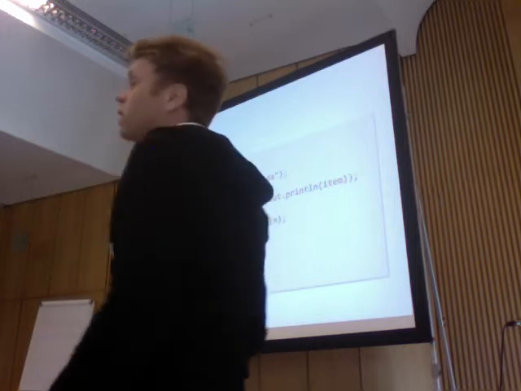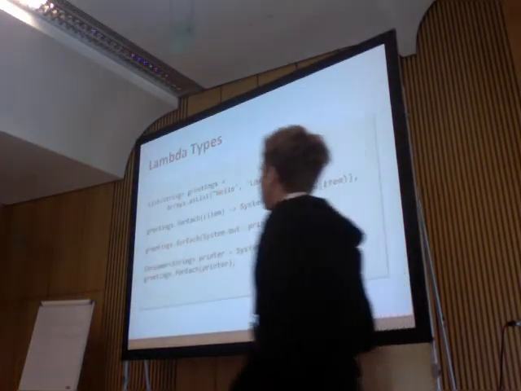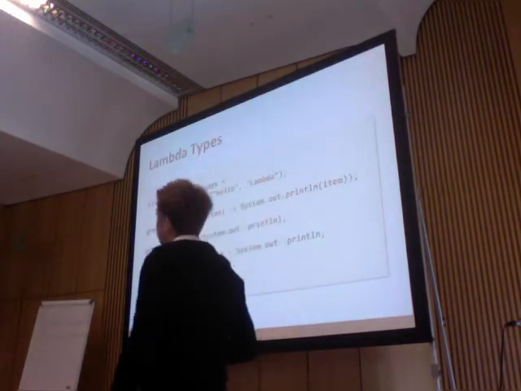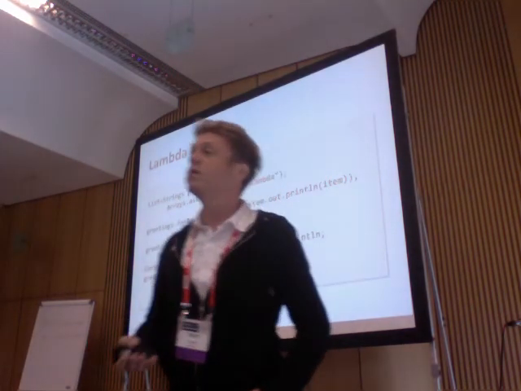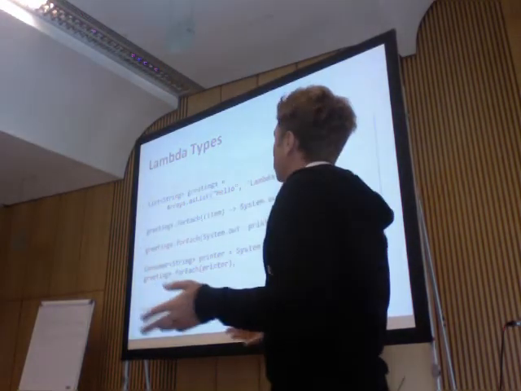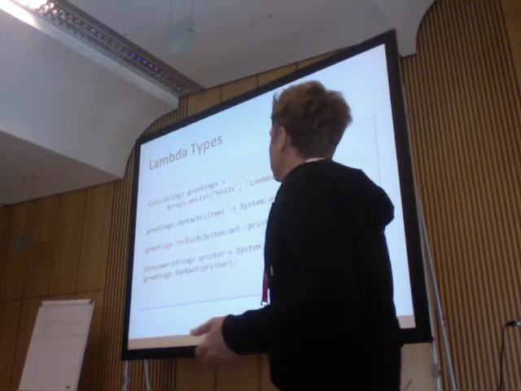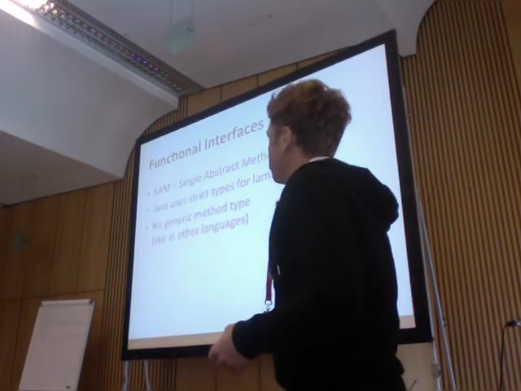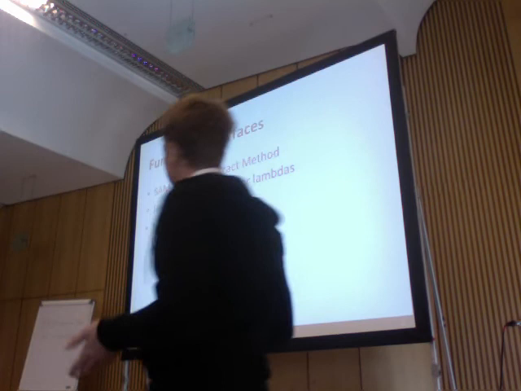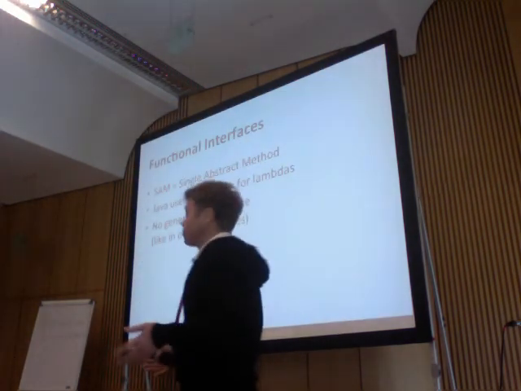But we can make it a little bit more explicit using a local variable. In this case, the forEach method needs a Consumer interface, and we can use a local variable. Now we see that somehow the Lambda maps to an interface internally, technically. These interfaces are called functional interfaces. They have the property that there's a single abstract method.